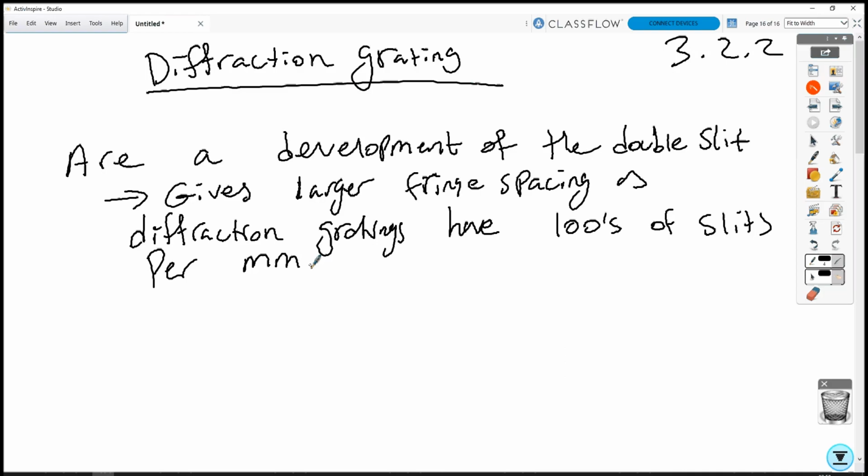So we can use diffraction gratings to find the wavelength of a laser light.